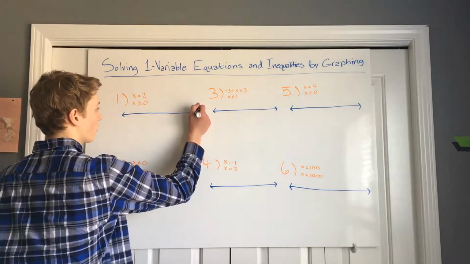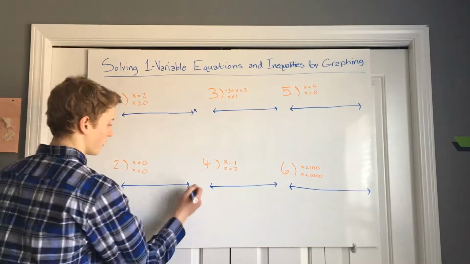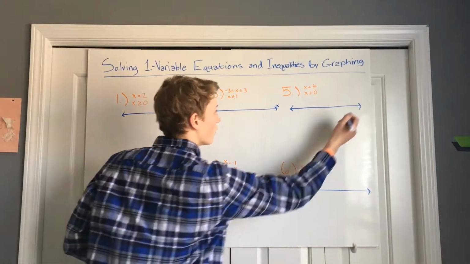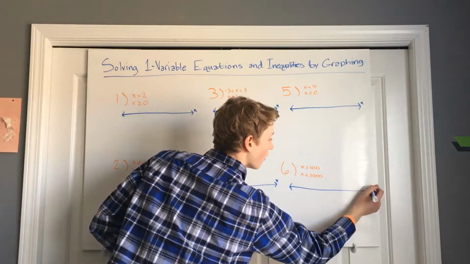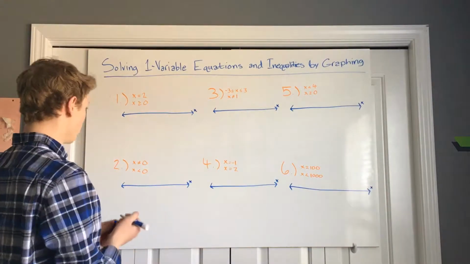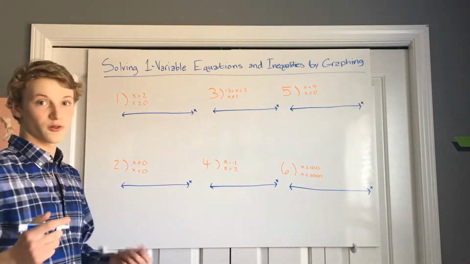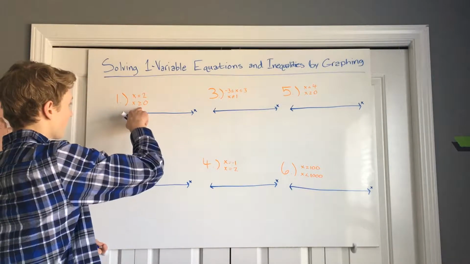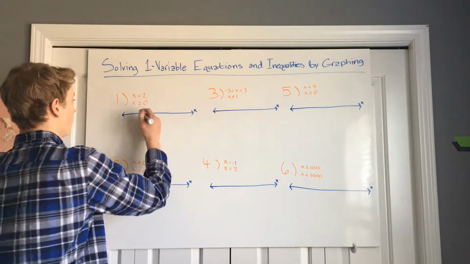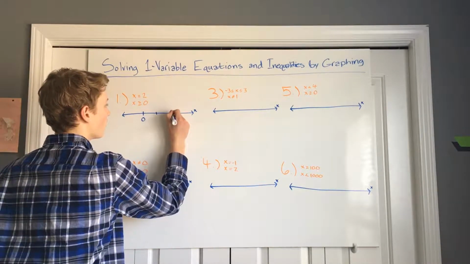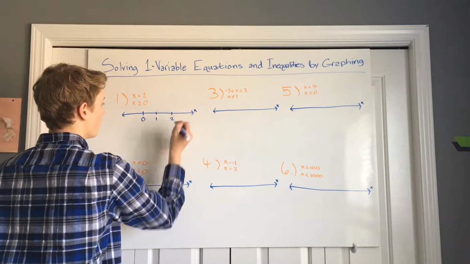So just like before, we'll put our x on it, and I'm just going to do this for all of these, because all of them are x's. So now, let's figure out how we want to label the graph. So I see a greater than or equal to 0, and I see a 2. So I'm going to put the 0 on this side. I'm going to go 1, 2. Just like that.